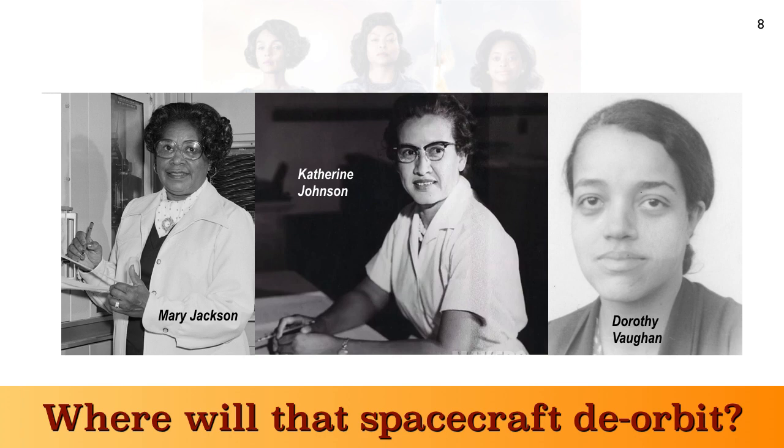She was an expert at doing the stuff that you now know the kindergarten version, Velocity Graphs 101. And Mary Jackson and Dorothy Vaughan the same. They all knew how to make these calculations.